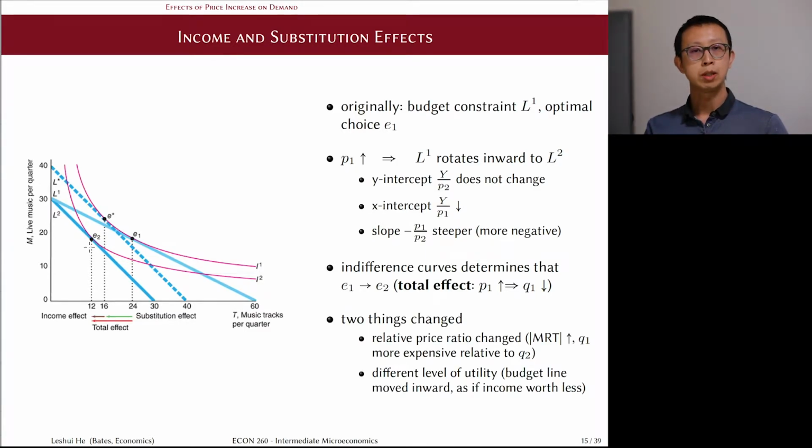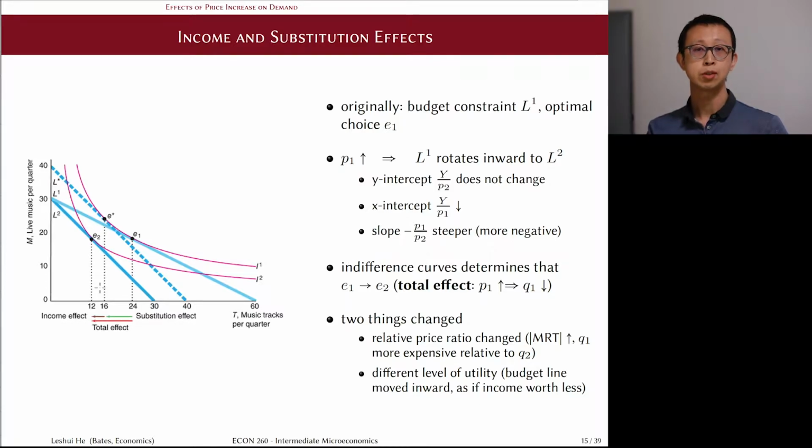As P1 increases, two things change simultaneously. First, as good 1 becomes more expensive, it becomes more expensive relative to good 2. In other words, the absolute value of the marginal rate of transformation is higher. And this is why the budget constraint is now becoming steeper.